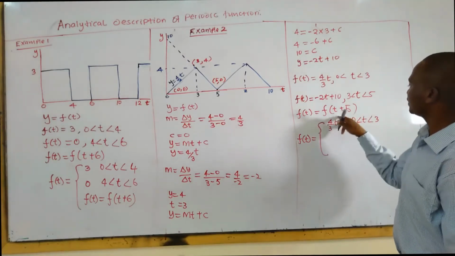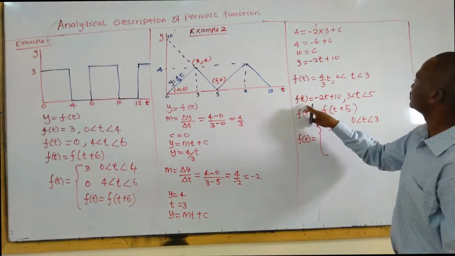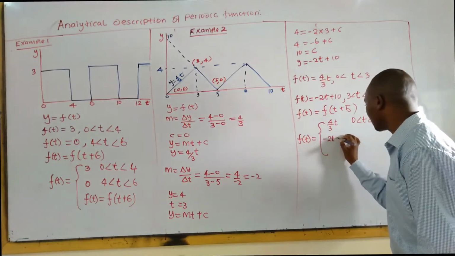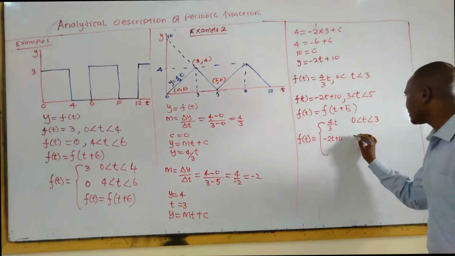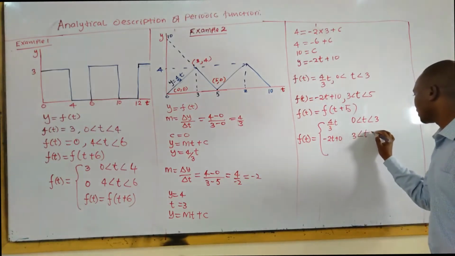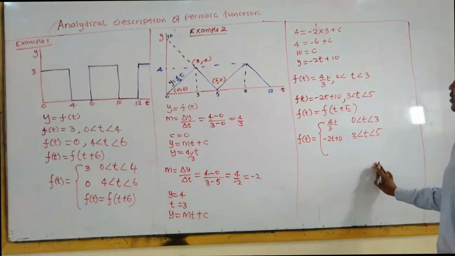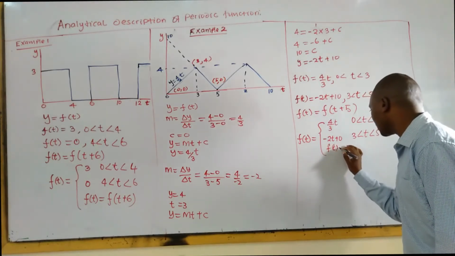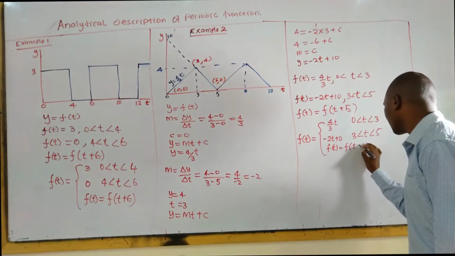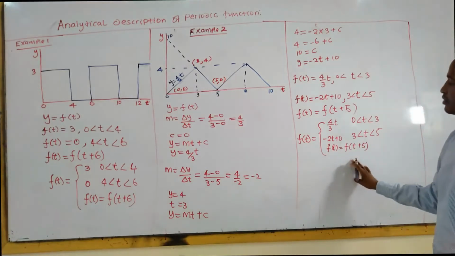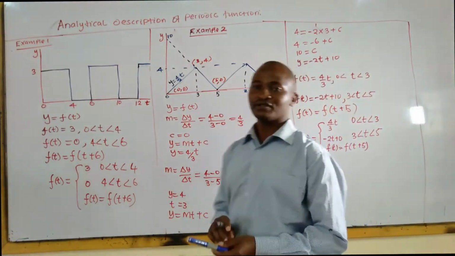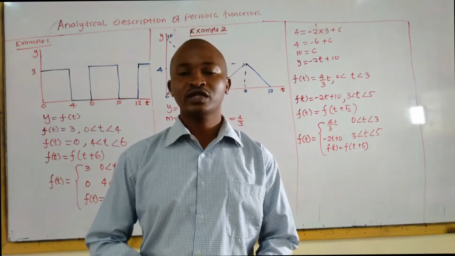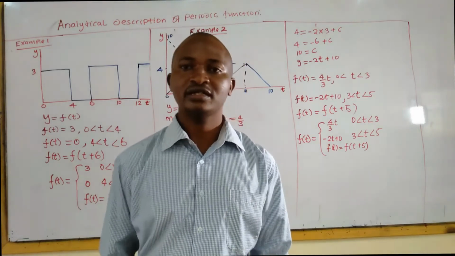Function of time, f of t is equal to negative 2t plus 10 for t lies between 3 and 5, and finally the function of time is periodic with 5. So that's how you do the analytical description of a certain function. You only need to do the analytical description for only one period because the rest is repetitive.